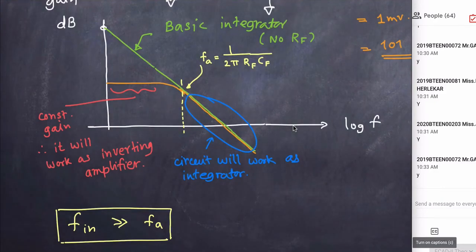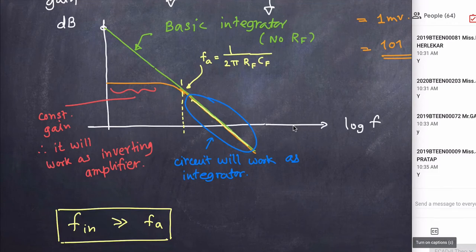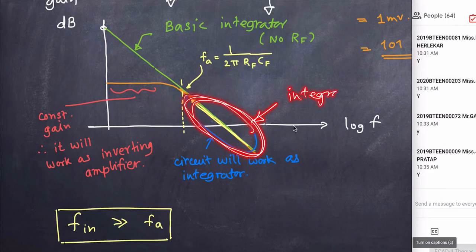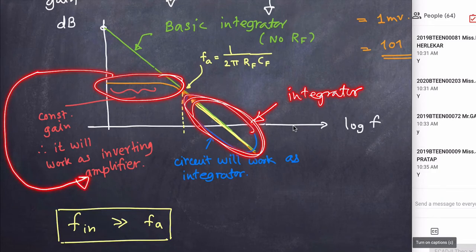Did you understand this? Input frequency should fall in this region. Then only it will integrate. If the input frequency falls in this region, it will be an inverting amplifier. So this we have to take care.